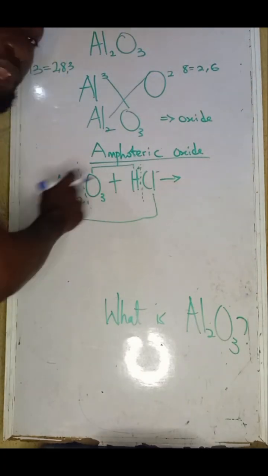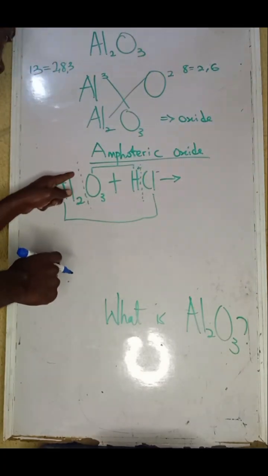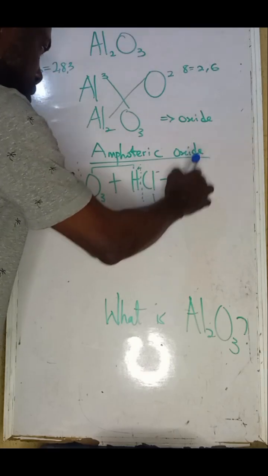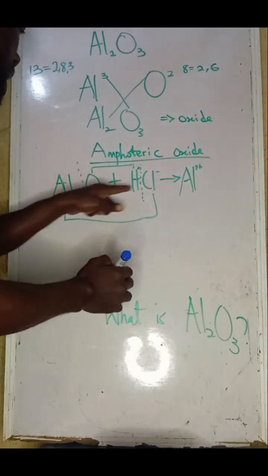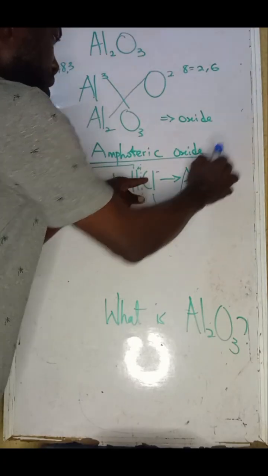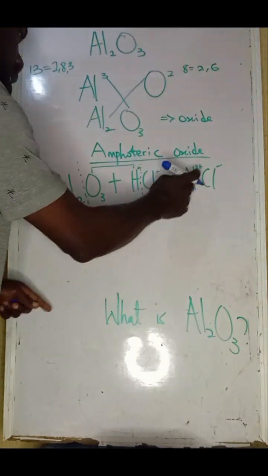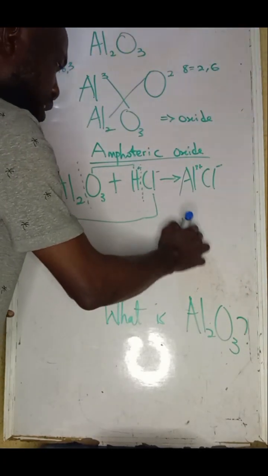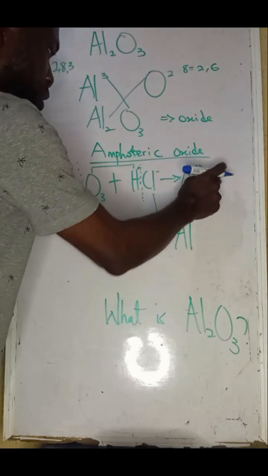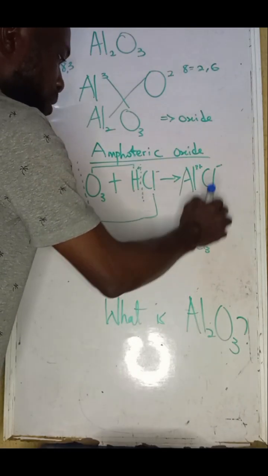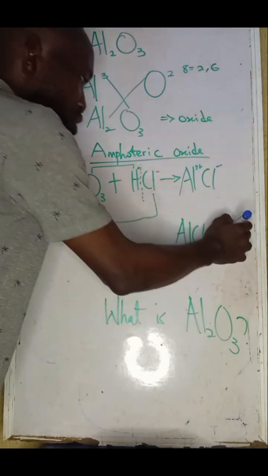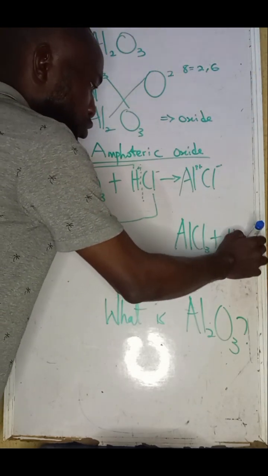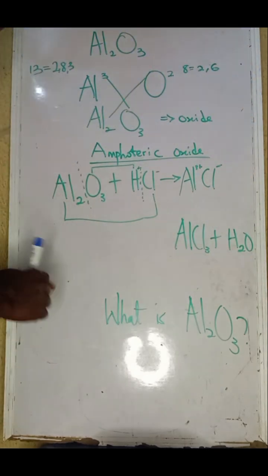Don't forget that these two will exchange their valency also, because this one is Al3 plus and Cl minus. And the other one also, then the H and O will give us H2O.